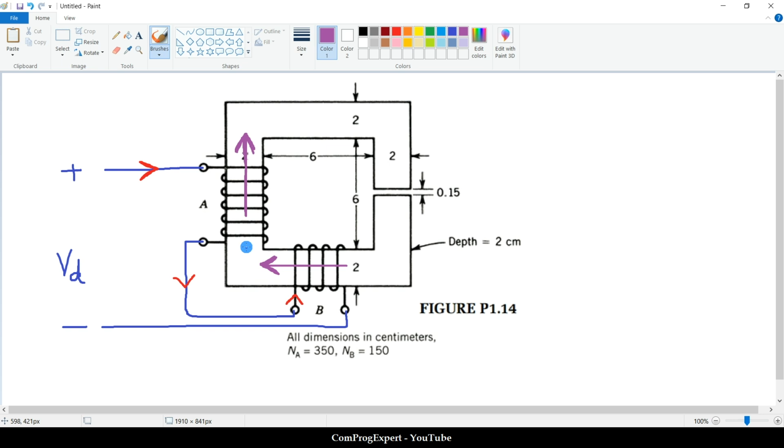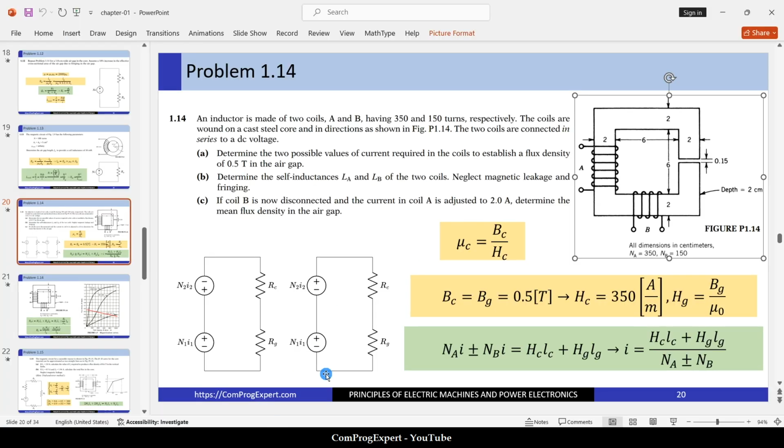So the flux generated by coil A is in the same direction as the flux generated by coil B. So we can draw this magnetic equivalent circuit. Yes, so we have summation in the values of the magnetomotive forces.